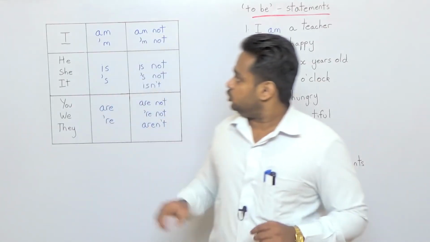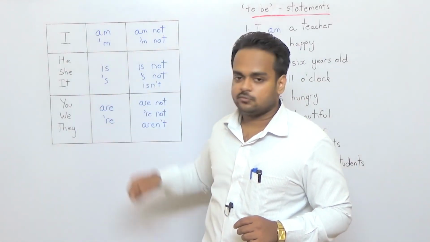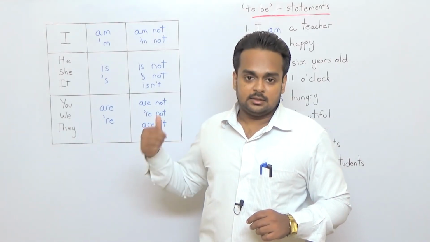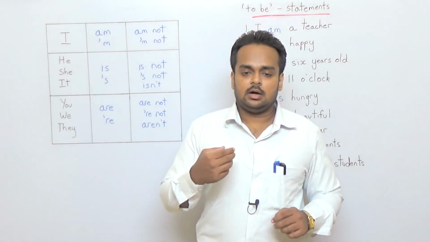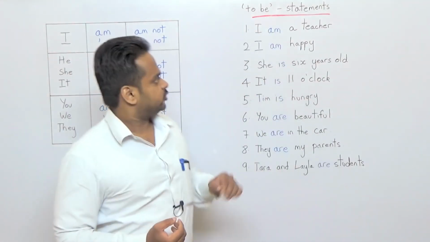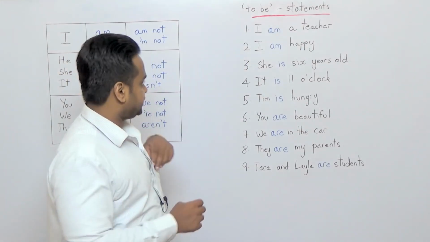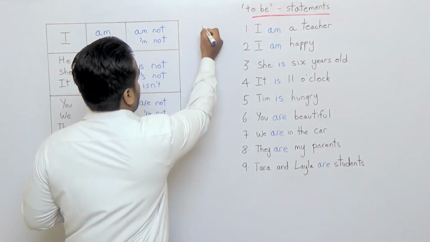Now you notice here that I have these short forms. Those are how we use am, is, and are in speaking. So this example, I am a teacher, we would shorten that.